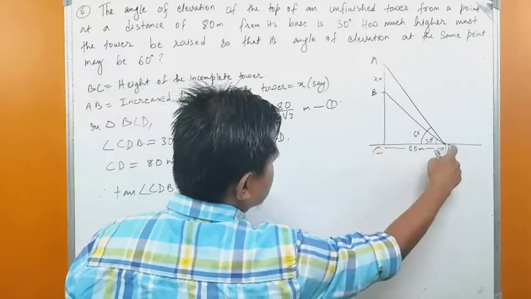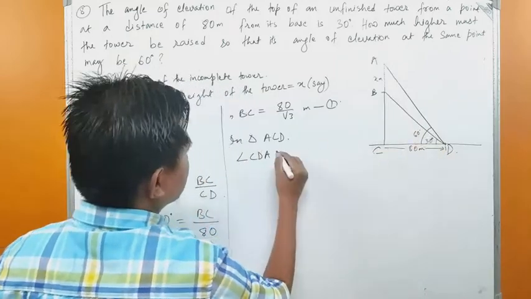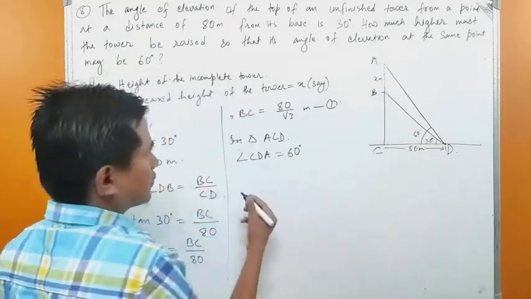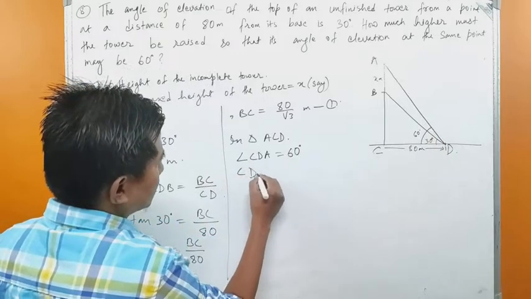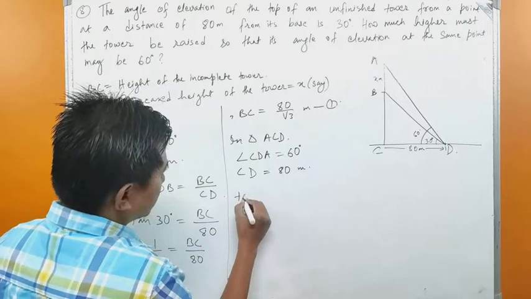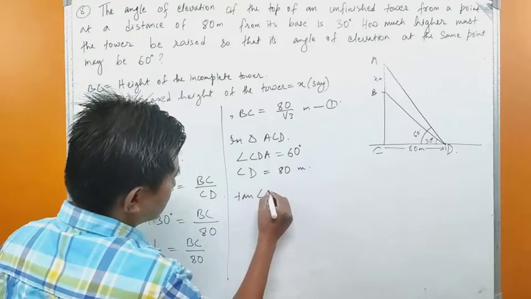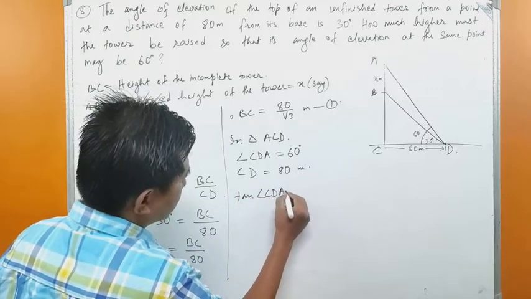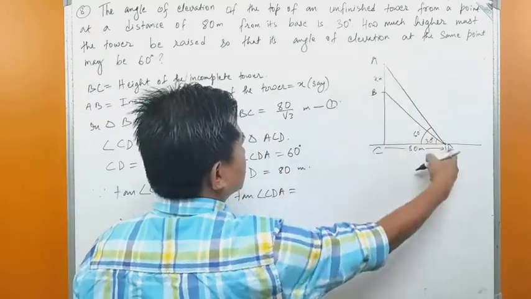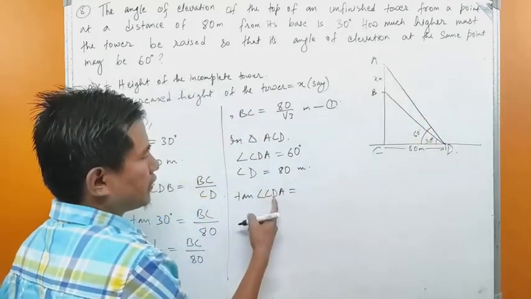Okay, CDA is 60 degree, and CD is common for both the triangles, so CD equals 80 meter. So we apply tan of angle CDA, or ADC also you can write, D should come in the middle.